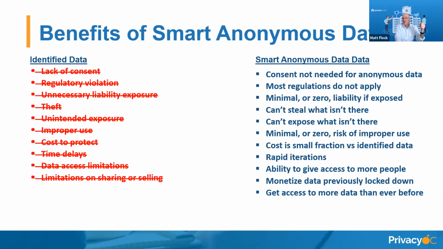And along those lines, internally, your own people can't either intentionally or unintentionally expose what isn't there. They can't improperly use it, look up their girlfriend's activity, nothing like that. And the overall cost of de-identifying the data is a tiny fraction of what it is to protect it using the current methodologies. And it's not even mentionable when you talk about the cost of if there is a breach and it's exposed. Hey, Matt, we have a question.